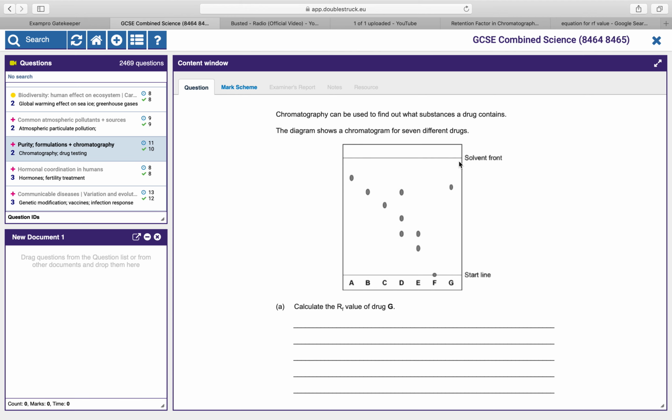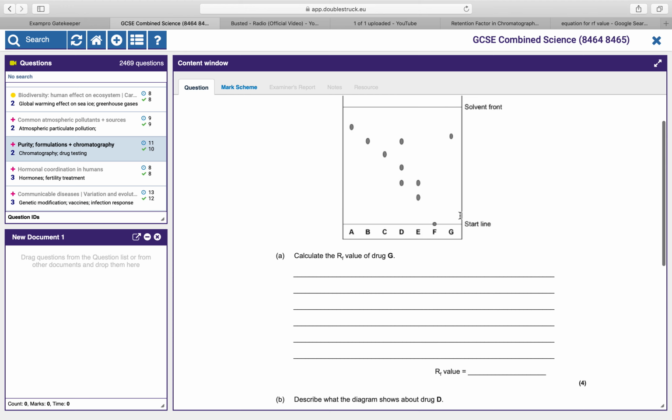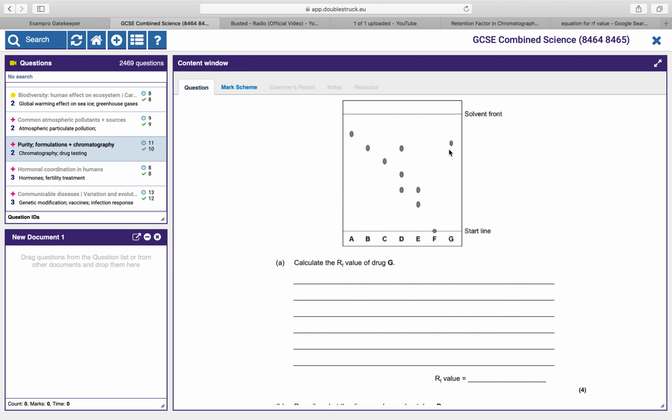This is a 4 mark question, so they want you to state the equation first: the RF value is equal to the distance moved by the solute divided by the distance moved by the solvent. Then substitute in those values, carry out your calculation and put your answer. There are no units required. So let's have a look.